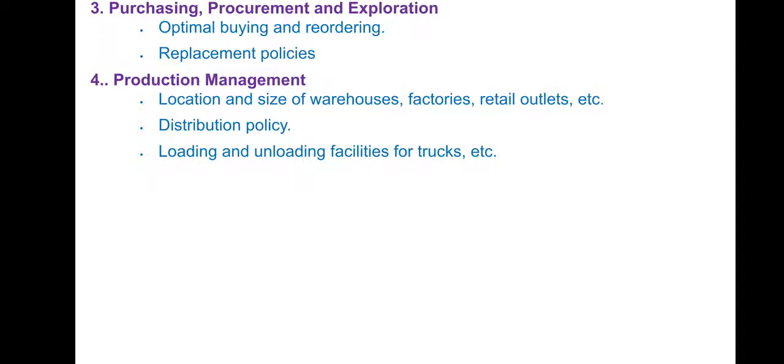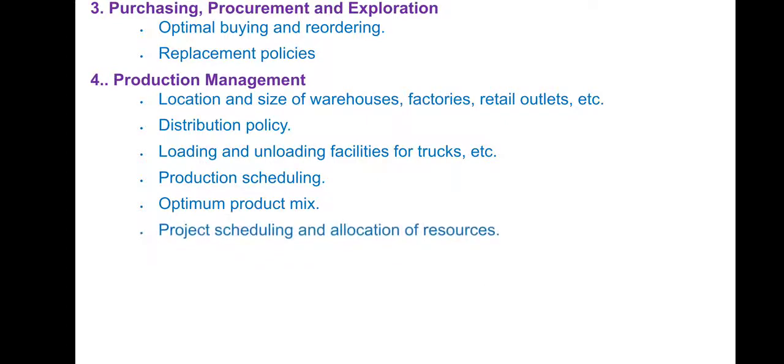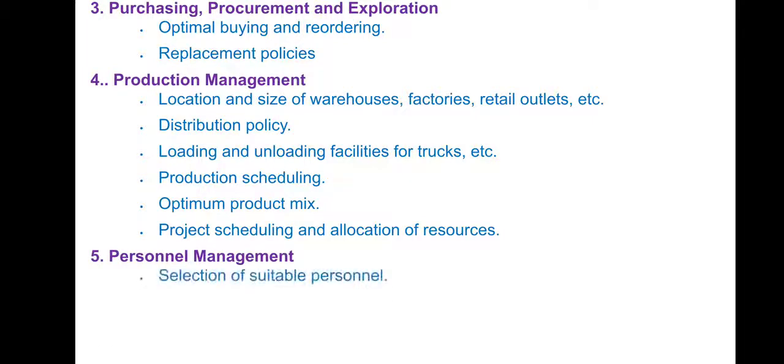Loading and unloading facilities for trucks are also important. Production scheduling, optimum product mix, project scheduling and allocation of resources. Then personnel management, human considerations: selection of suitable personnel, skilled or unskilled, recruitment of employees, assignment of jobs, skill balancing.